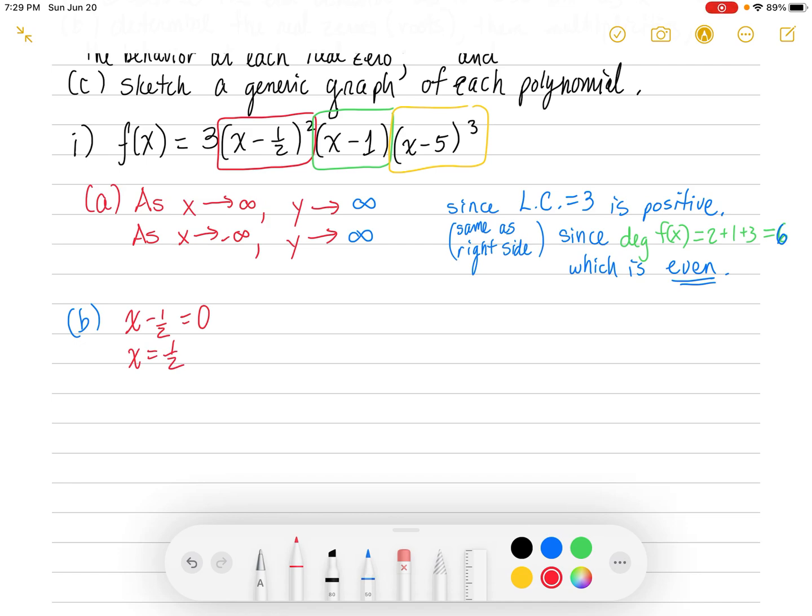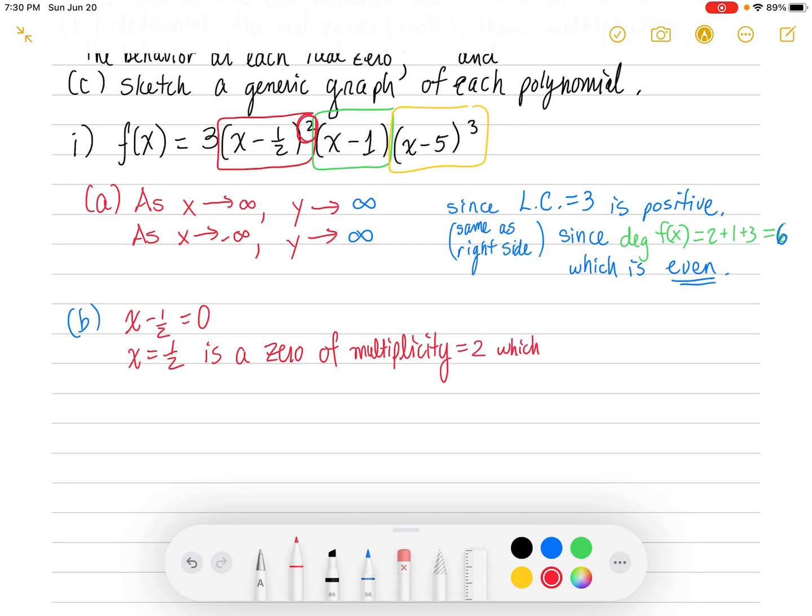So that's going to be a zero, or an x-intercept, or a root, whatever you want to call it. Let's call it a zero of multiplicity, what's the multiplicity on that zero? Well, look at the exponent there.